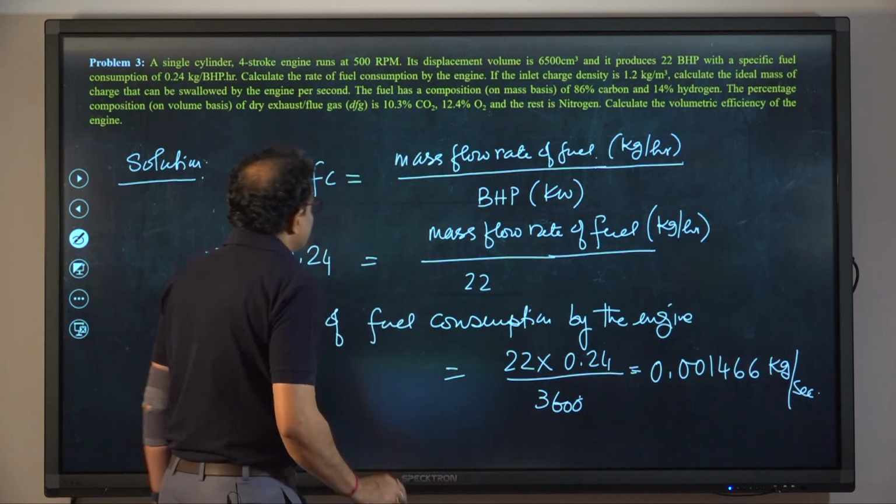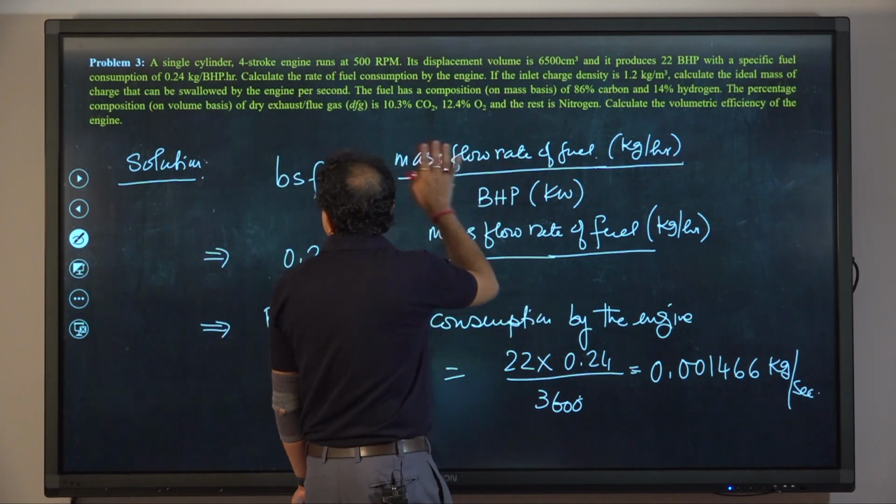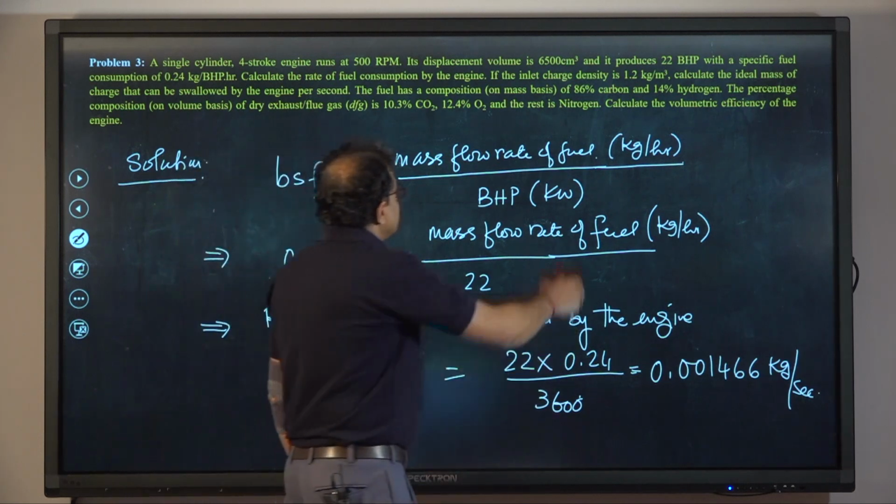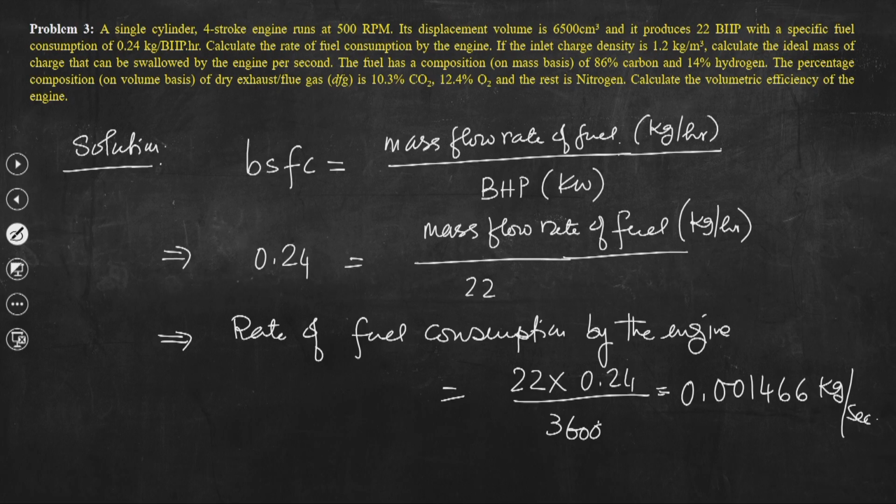So, now we have to calculate the ideal mass of charge that can be swallowed by the engine per second, given the charge density is 1.2 kg per meter cube.